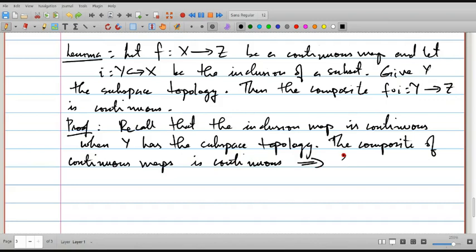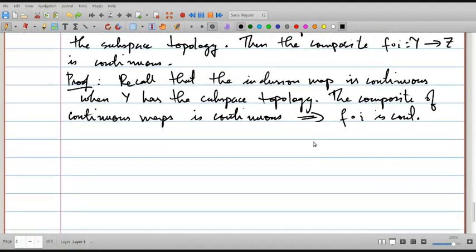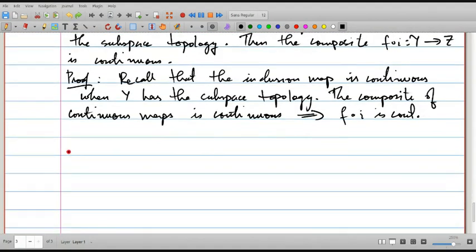So this implies that F compose I is continuous. So let F from X to Z be a continuous map.